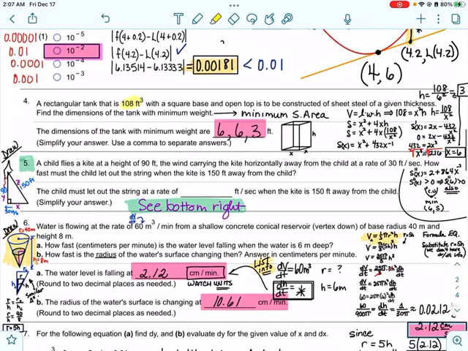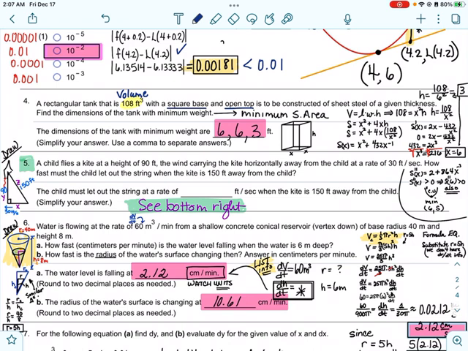The minute I read that, I'm thinking, that's volume. The units say it's volume, and it's a rectangular tank with a square base and an open top. It's to be constructed of a sheet steel of given thickness. Find the dimensions of the tank with minimum weight.